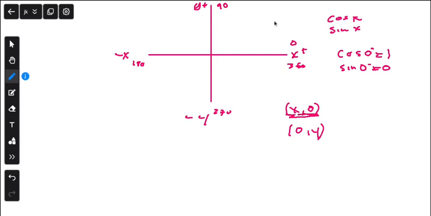Let's talk about 90 degrees. If we say cos 90 degrees, what are we going to have? We're going to have 0. But if we say sine 90 degrees, we're going to have 1. As you can see here, this is the y-axis and it is the positive y-axis. That is the reason why we are having positive 1.